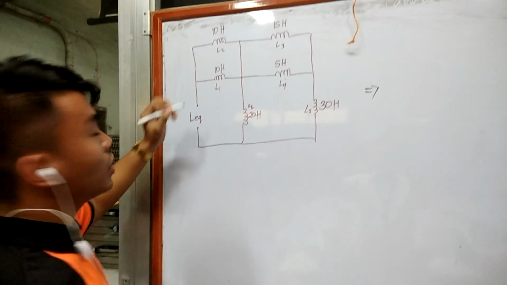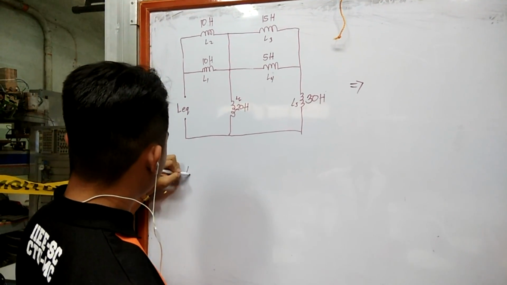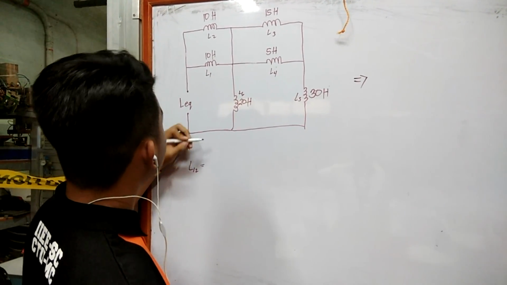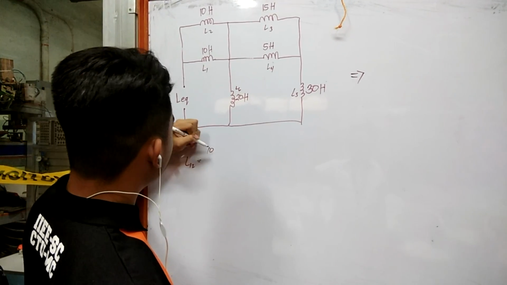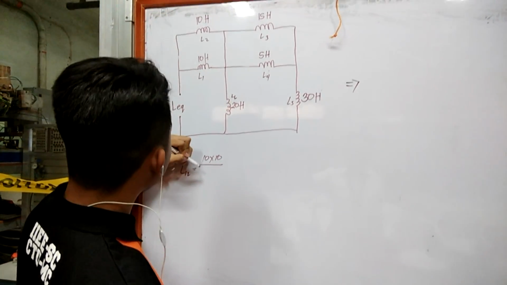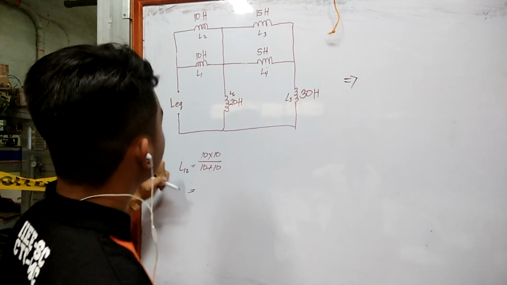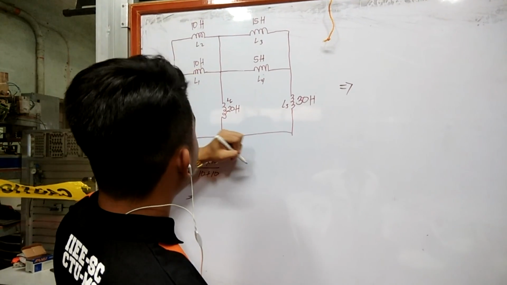First we need to combine L1 and L2. So L1,2 is equal to 10 times 10 over 10 plus 10.